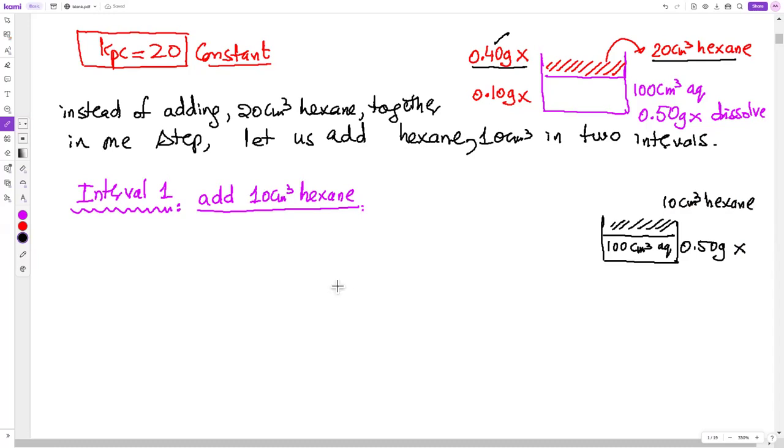Upon shaking, some of the X will dissolve in hexane. Earlier it was given that 0.40 gram dissolved, but now we don't know how much X will dissolve in hexane. So I'm supposing Y gram of X dissolves in hexane. Suppose Y gram of X dissolved in hexane, how much X is left behind in water?